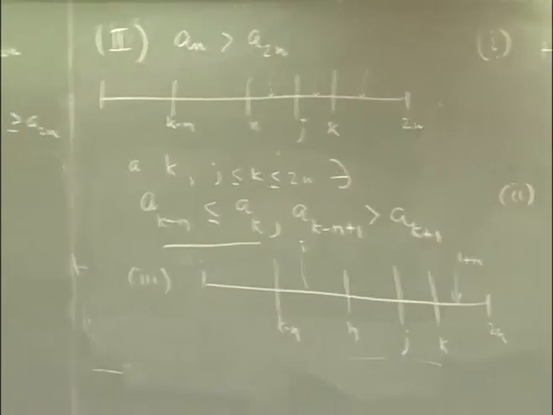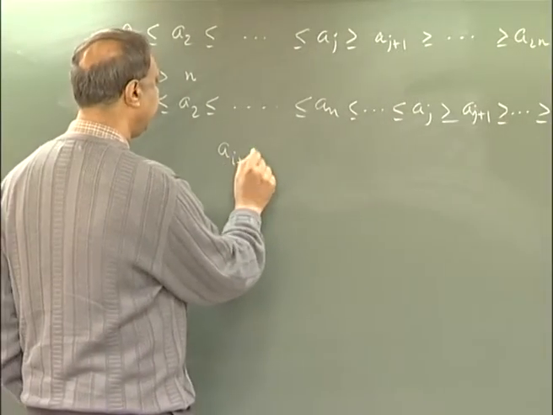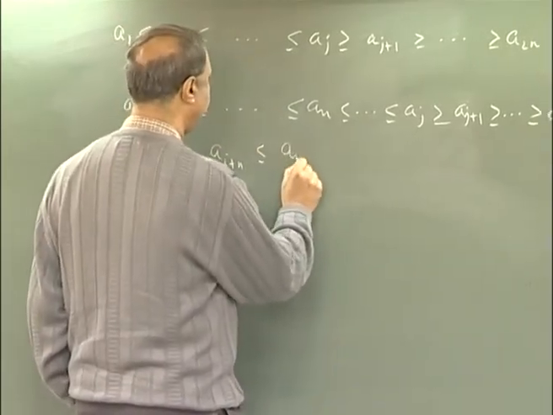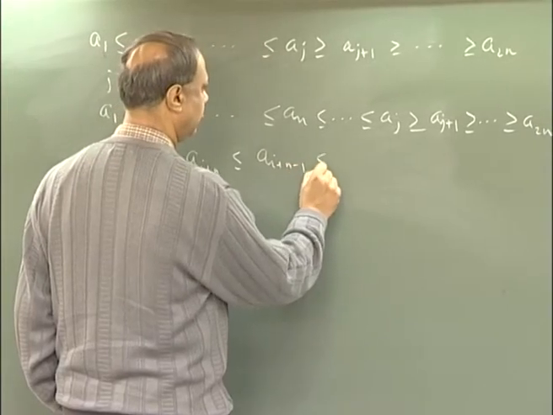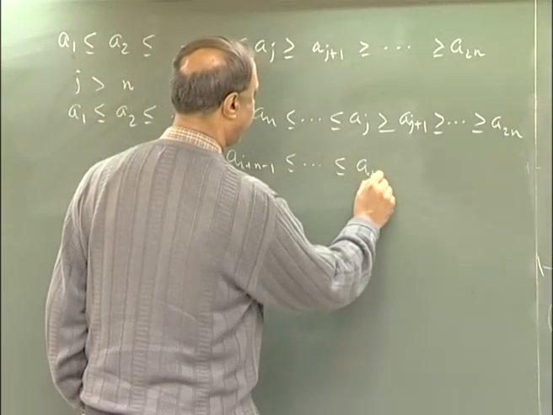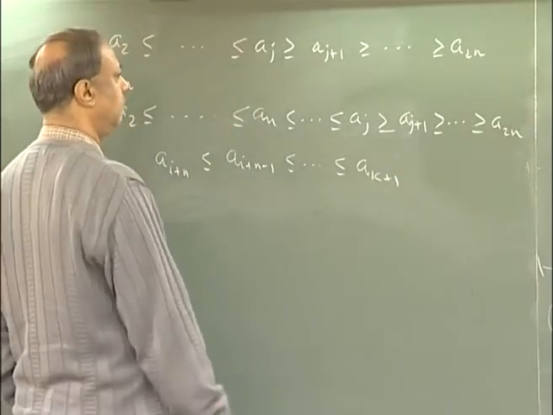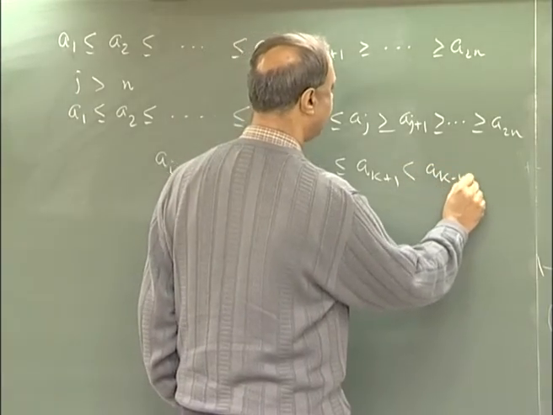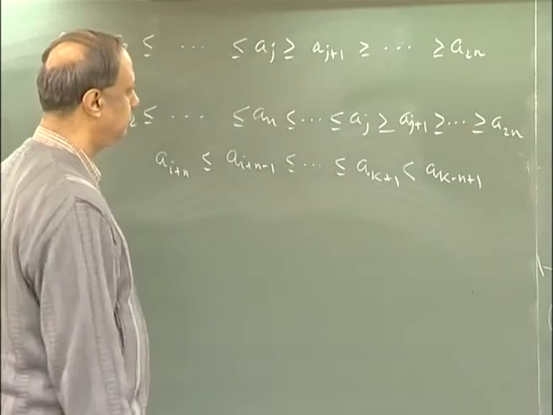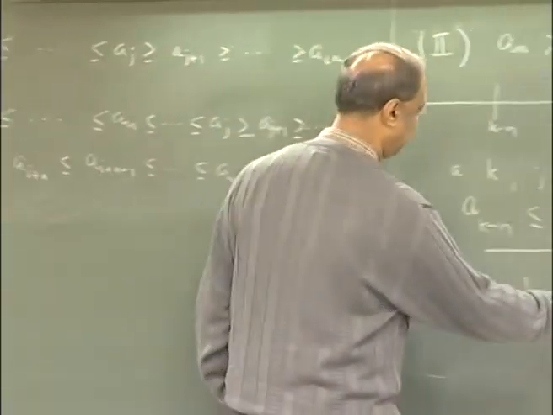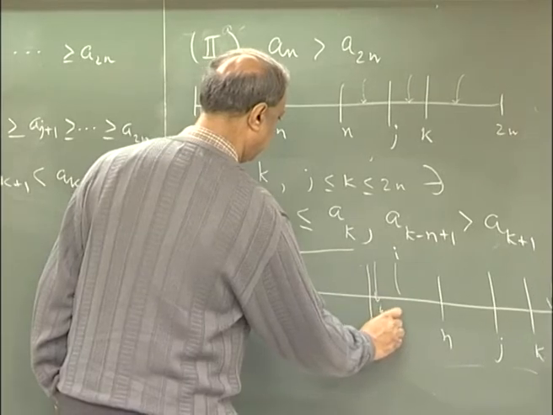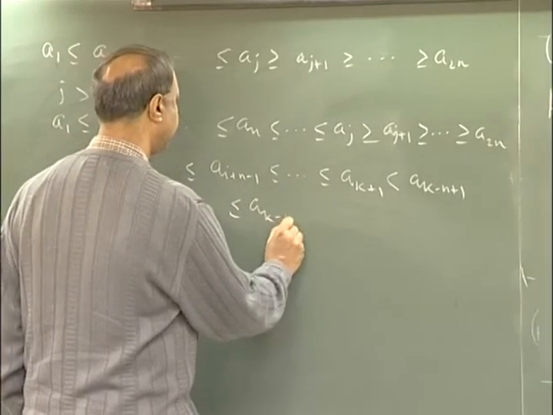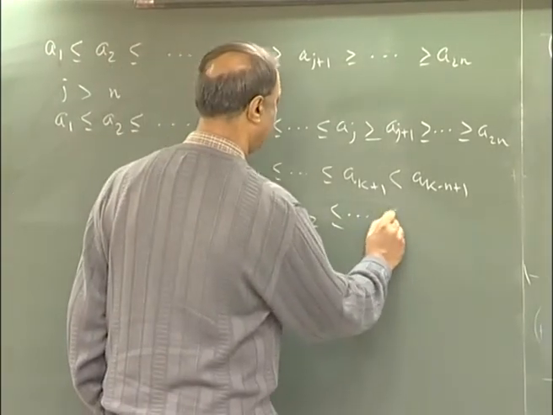Now you see, here I can write AI plus N is less than or equal to AI plus N minus 1, AK plus 1 less than AK minus N plus 1. So it is here. Less than or equal to AK minus N plus 2, AI.